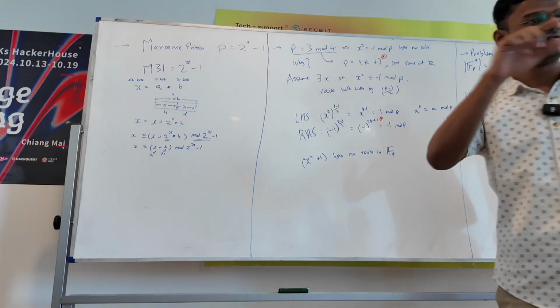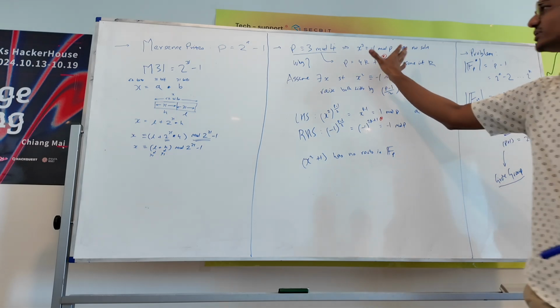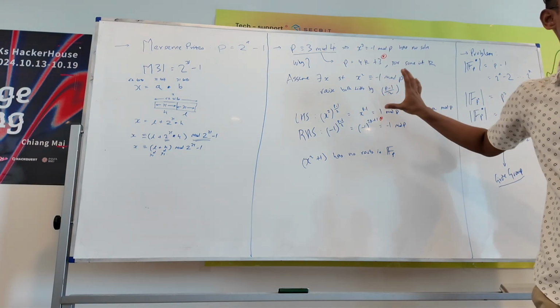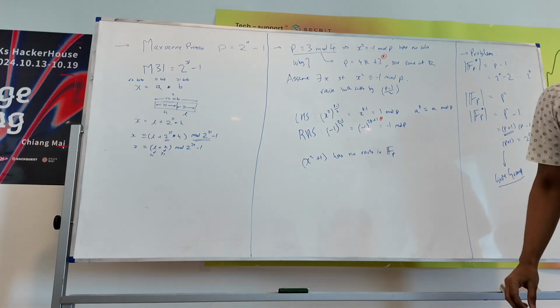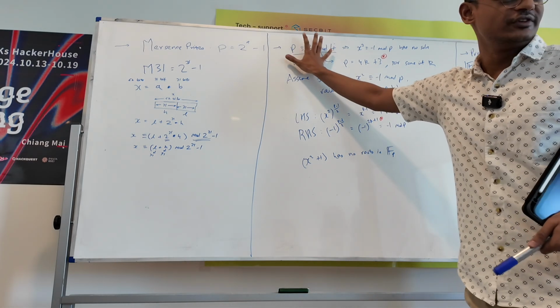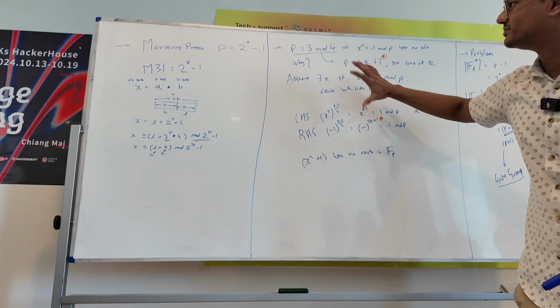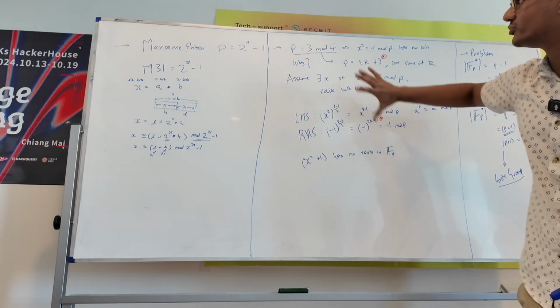You could say this is a lemma, and I've tried to prove this lemma using a proof by contradiction. So if this expression holds, then this has no solution, and that is the lemma, and this is a proof by contradiction.